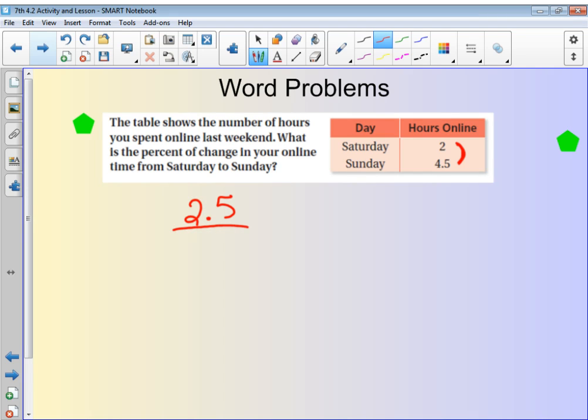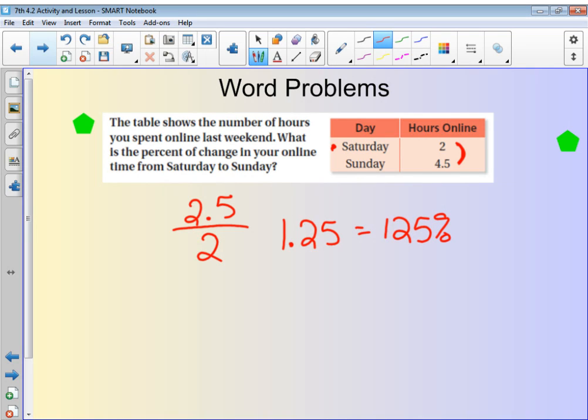Okay, our original, it doesn't tell us the original. We have to use some inferring here. So originally on Saturday, we spent 2 hours. So Saturday comes before Sunday, so that's going to be our original number. So we're going to use 2 as the bottom. Now we'll go ahead and change that. So 2.5 divided by 2 is going to give me 1.25 for my decimal, which would become 125%.